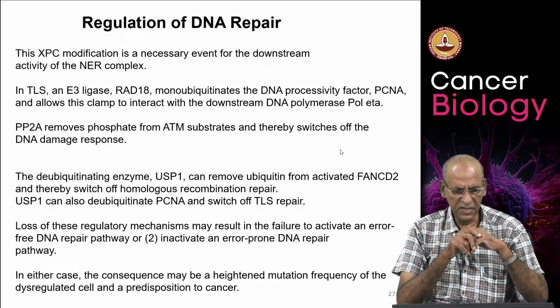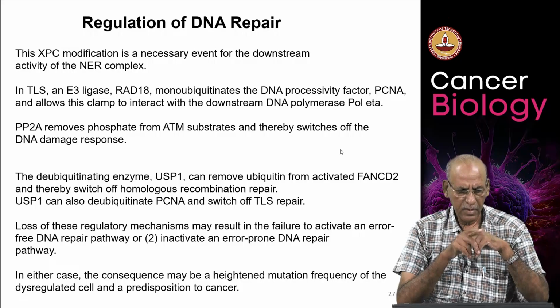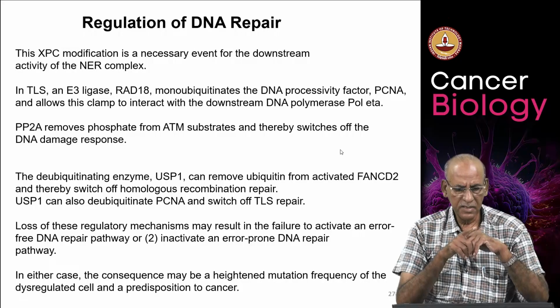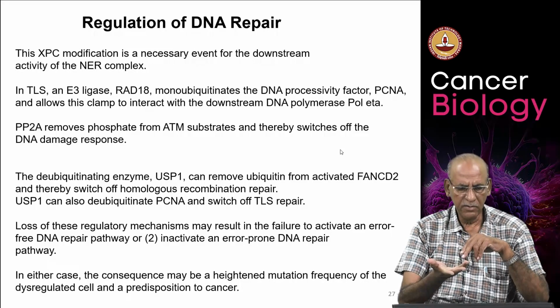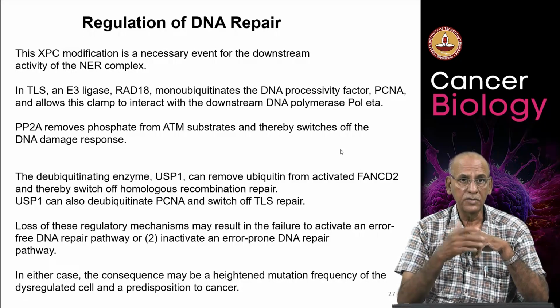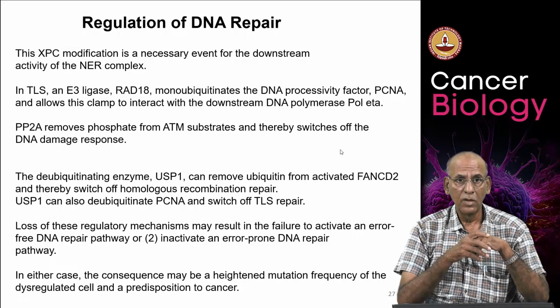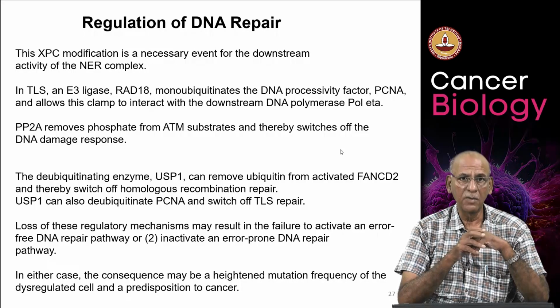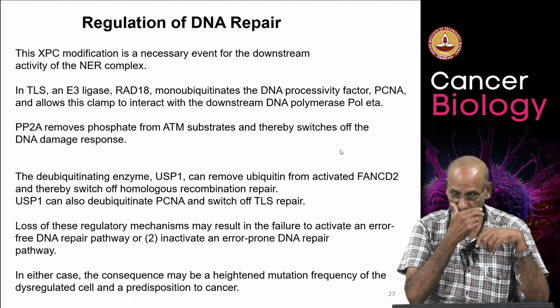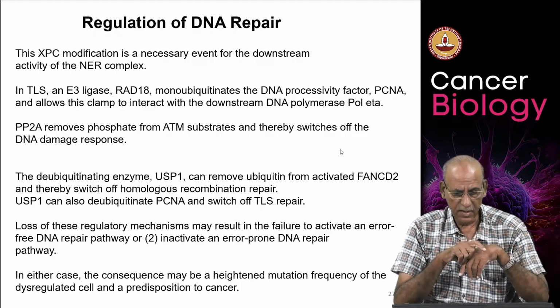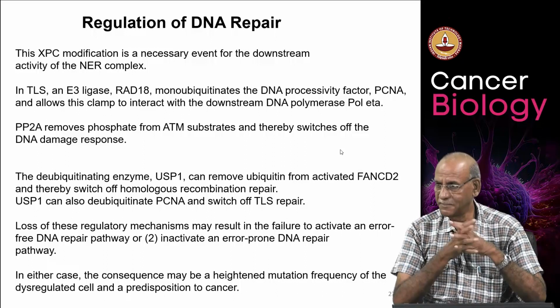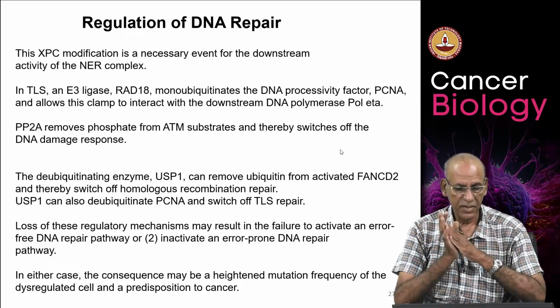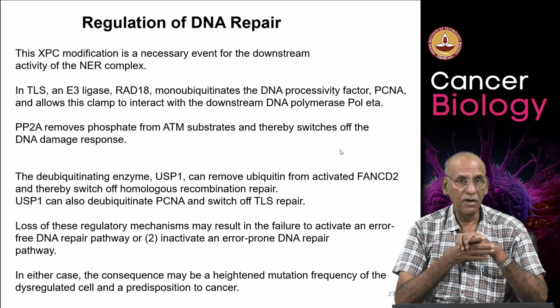One is this XPC modification, that is in the NER complex. In translesion synthesis, E3 ligase, I am just trying to list some of the molecules, RAD18, monoubiquitination, okay. PCNA, all these molecules are involved. Similarly, PP2A, which is a phosphatase, removes phosphates from what is called ATM.